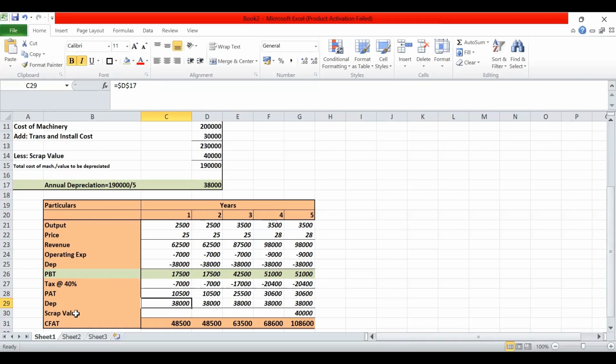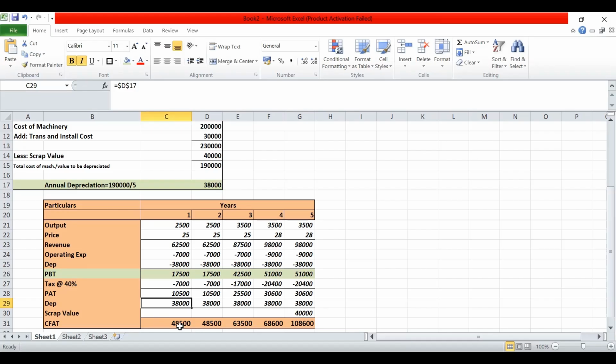And even if there was certain working capital which was released, we will also add that back in the terminal year, the final year. So scrap value, the amount we will be receiving after we sell this asset, we will be adding in the final year, that is the terminal year. So here we have added the 40,000 also.